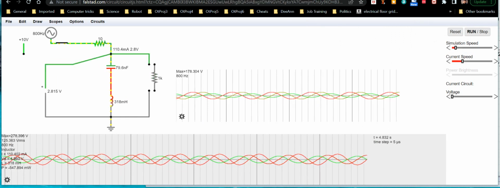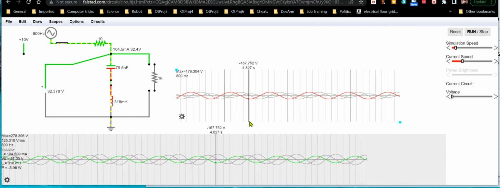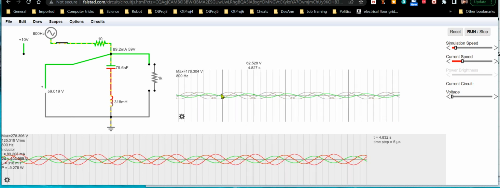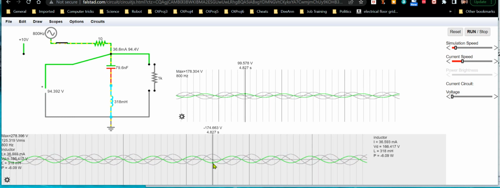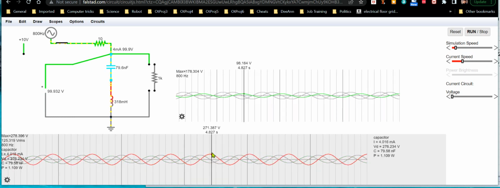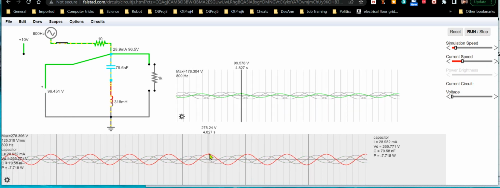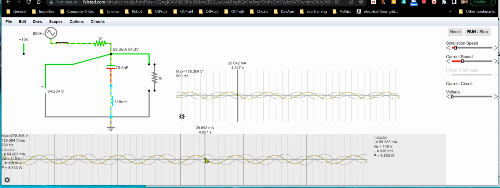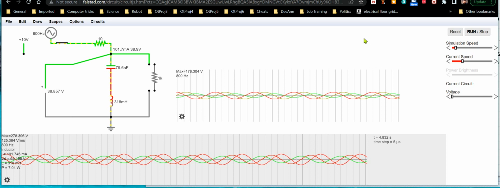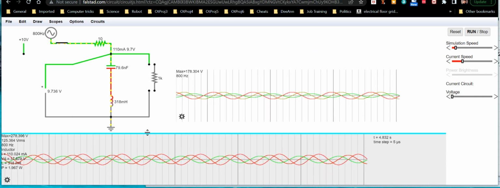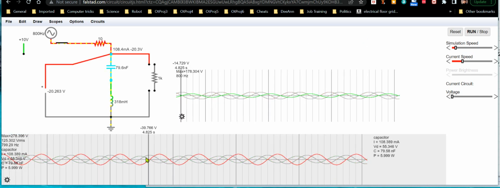I just thought that was interesting while we're discussing phases, because you can still see everything's in phase. This voltage is still in phase with that voltage, and they're still both 90 degrees out of phase with the current. But at any rate, I think that's probably enough said about the subject.